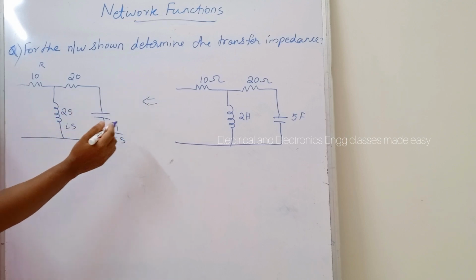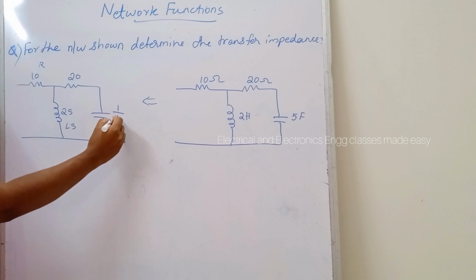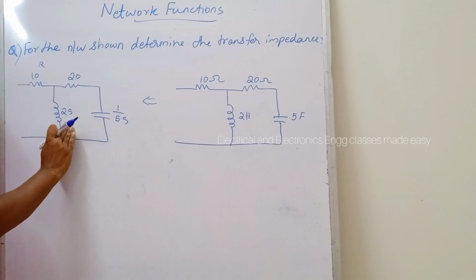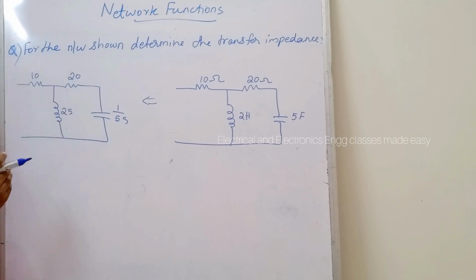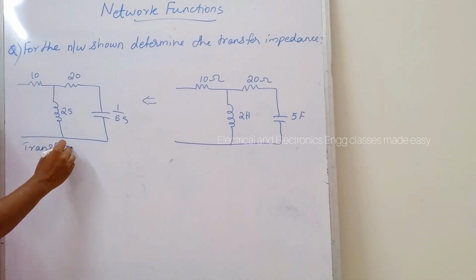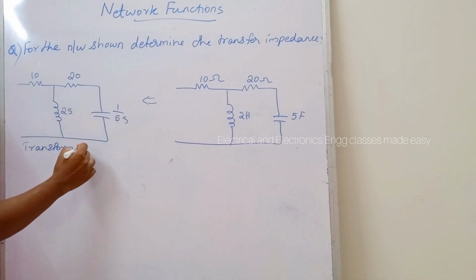So 5 farad will be 1 by 5S. So this is the transformed circuit.